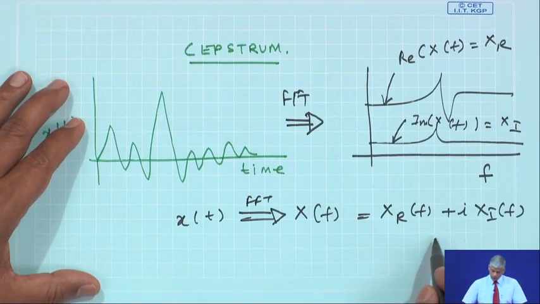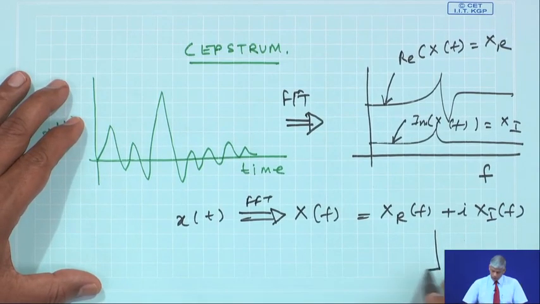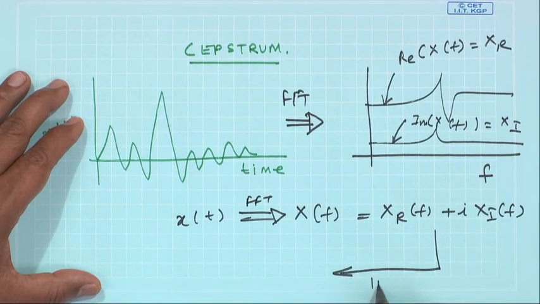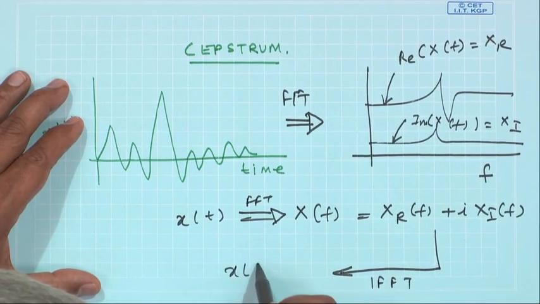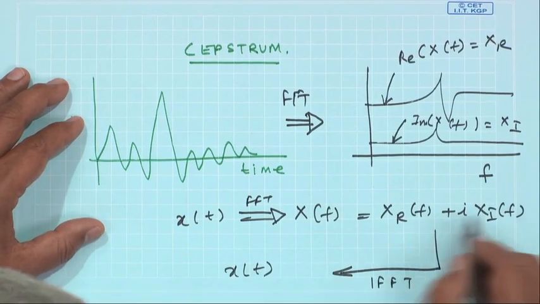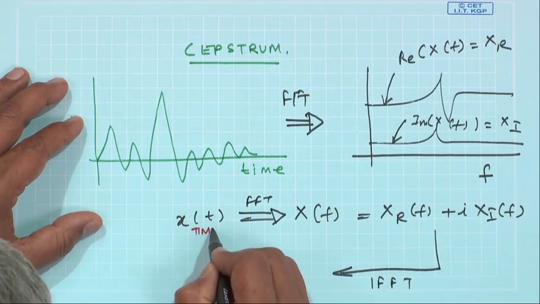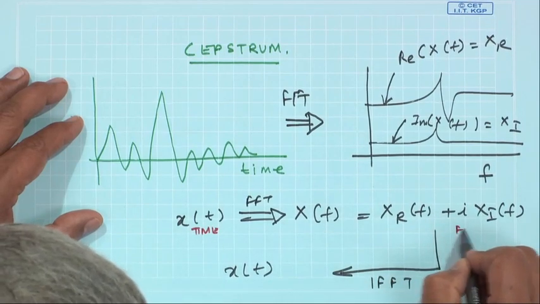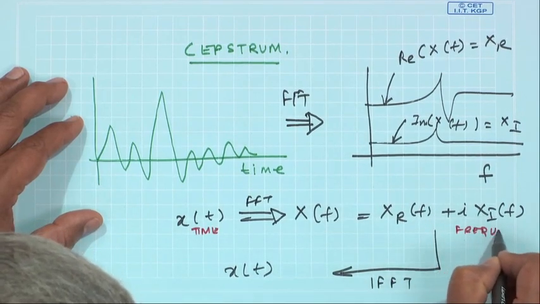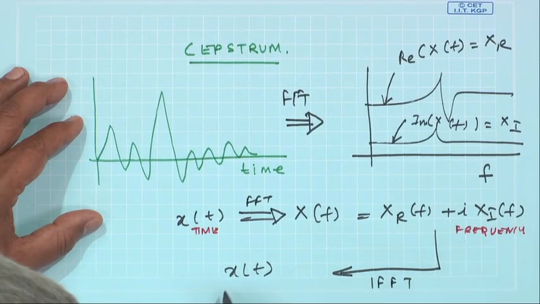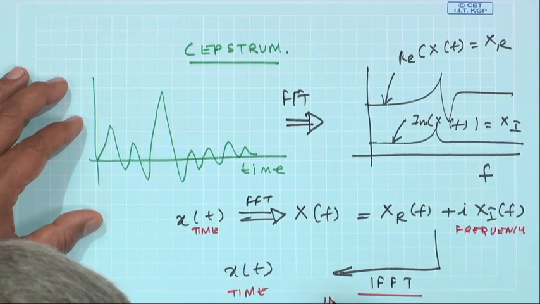Now, if I do an inverse FFT, I will go back to my original time signal. To begin with I was in time, I come down to frequency and I come back to time by doing what is known as an inverse FFT.